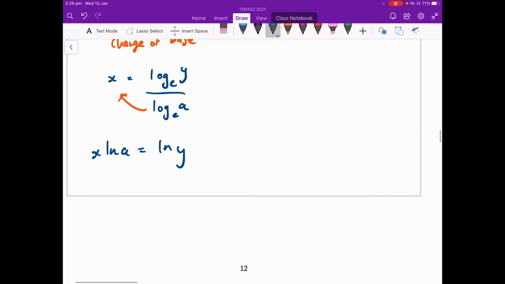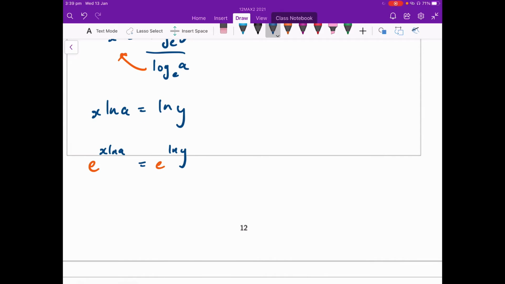Now I'm going to take e to the power of both sides, so I get e to the x ln a equal to e to the ln y. I do this so I can isolate y, because on the right-hand side I get y, and on the left-hand side I just keep e to the x ln a.